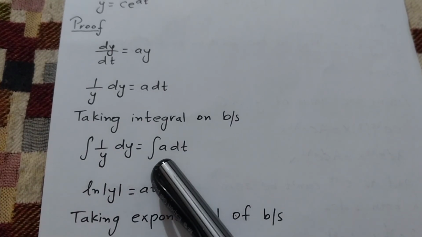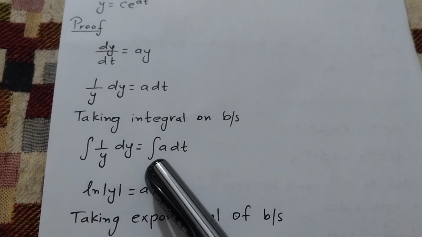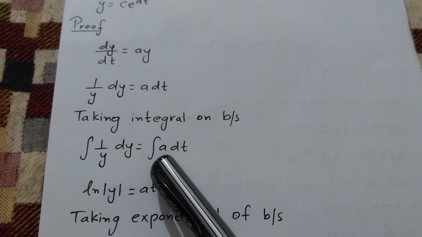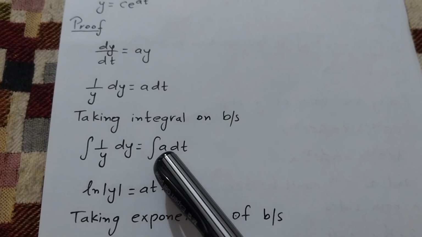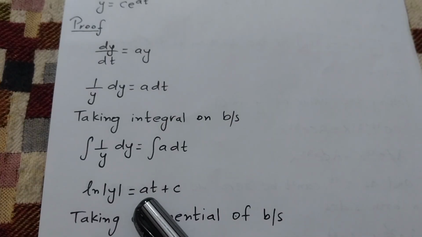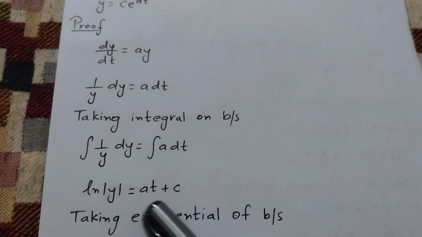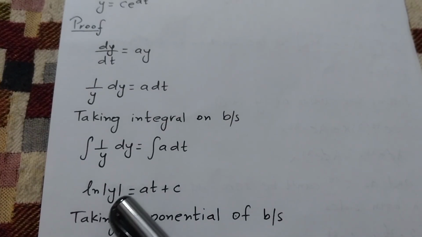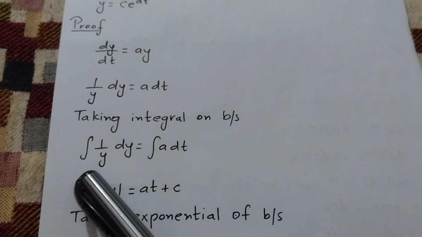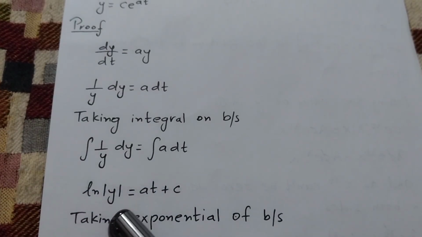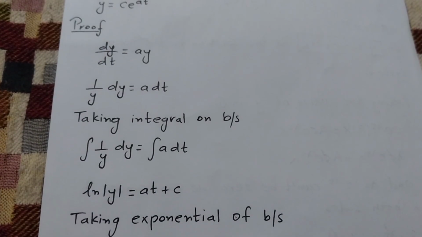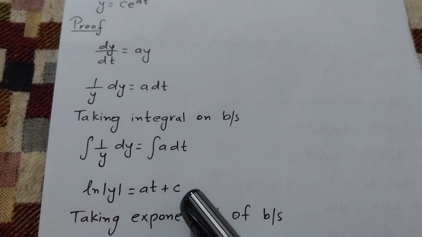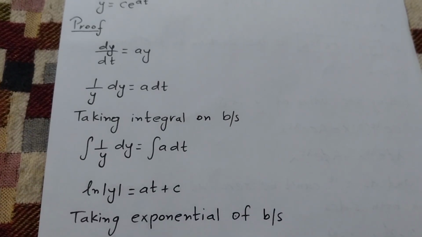And as on the right hand side we're just dealing with a constant, we'll have at as the integral for the right hand side. And as we are doing indefinite integration, we'll add a constant on one side, and here I have added the constant on the right hand side.